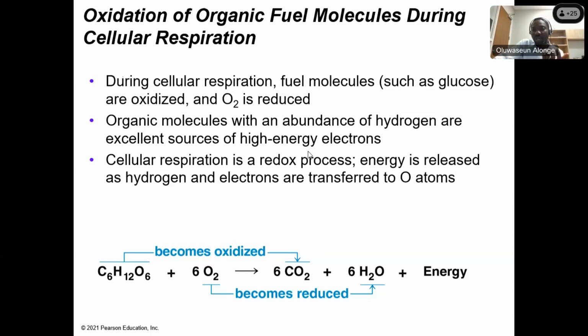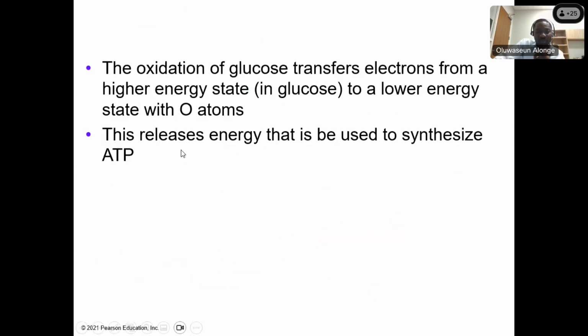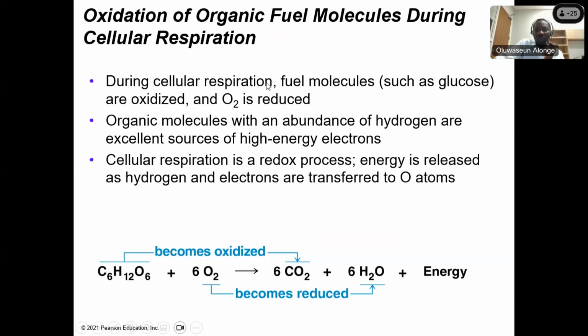Now, think about it this way. During cellular respiration, fuel molecules are oxidized.